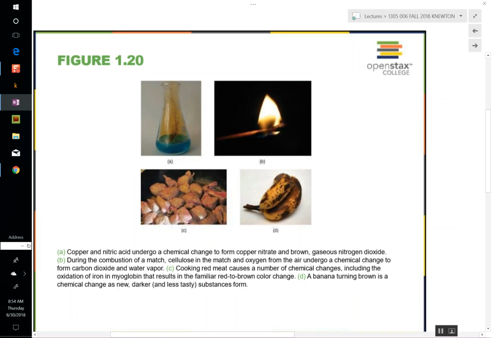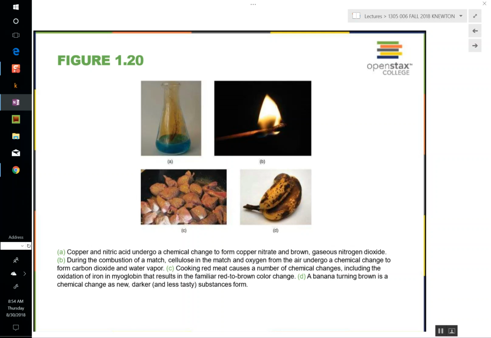And just some other examples. I guess these are all chemical. You put copper in nitric acid, and you get off a brown gas. The solution turns blue. It's a chemical change. You take a match and burn it. It's a chemical change. You're not putting a match back in the matchbox. It decomposes.